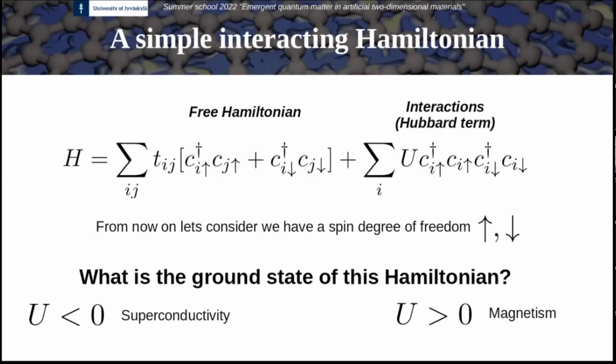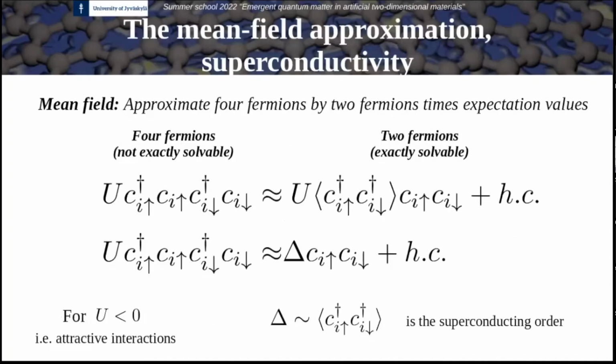And just by playing with the electronic dispersion, you can get, let's say, conventional or unconventional superconductivity. You can get different forms of magnetism. You can get ferromagnets, antiferromagnets, frustrated magnets, and so forth. So this model already has a huge, very rich physical phenomena.